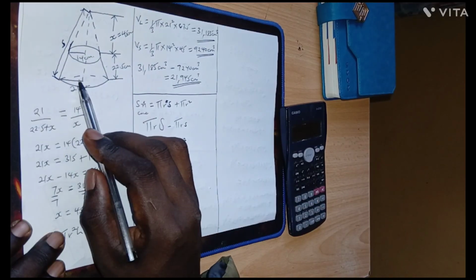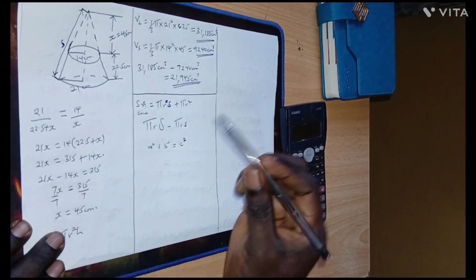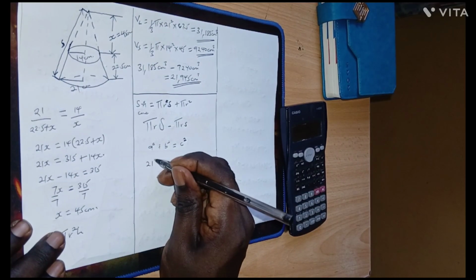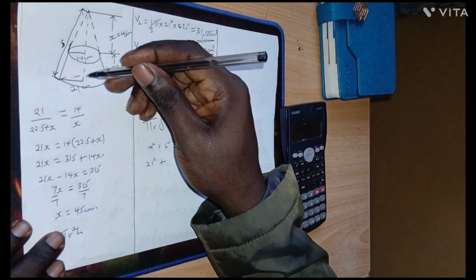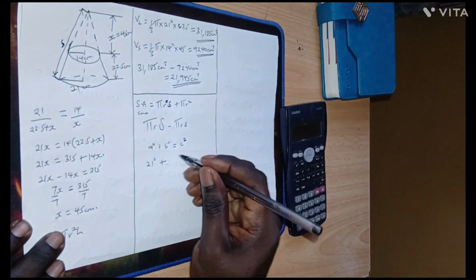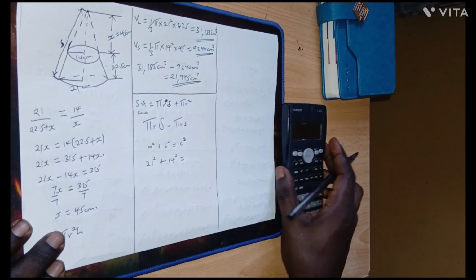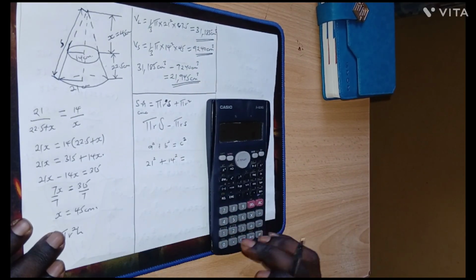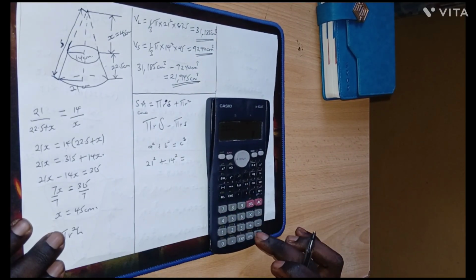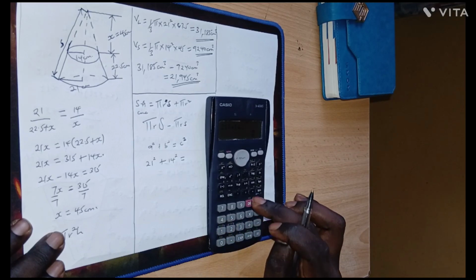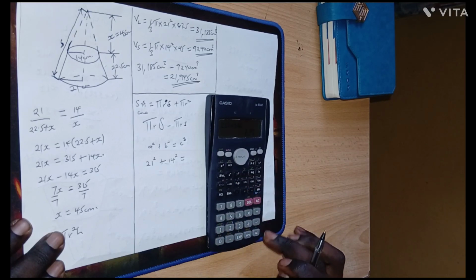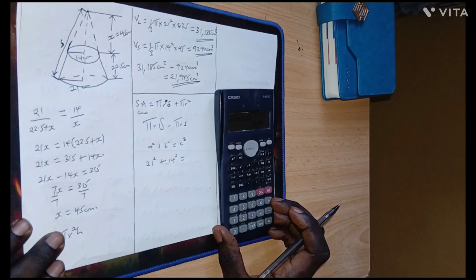Let's take our a to be 21. So that's going to be 21 squared plus our b to be 14 squared. That's going to give us what? Let's check. 21 squared plus 14 squared is going to give us 637.